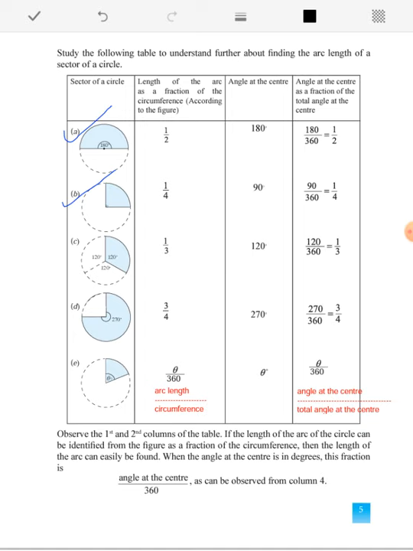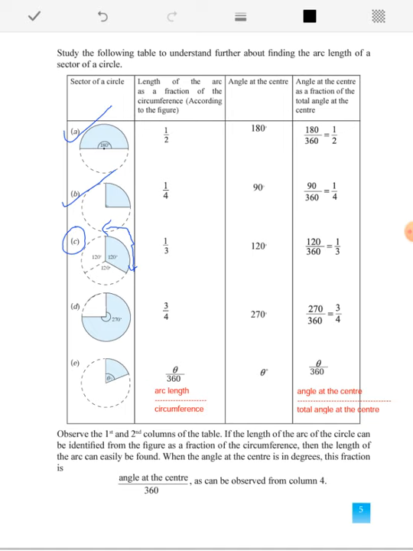This one also we have done. So let's move to part C. Here you could say the sector of a circle is 1/3. Also, the arc length of the circle is 1/3 of the circumference of the circle.